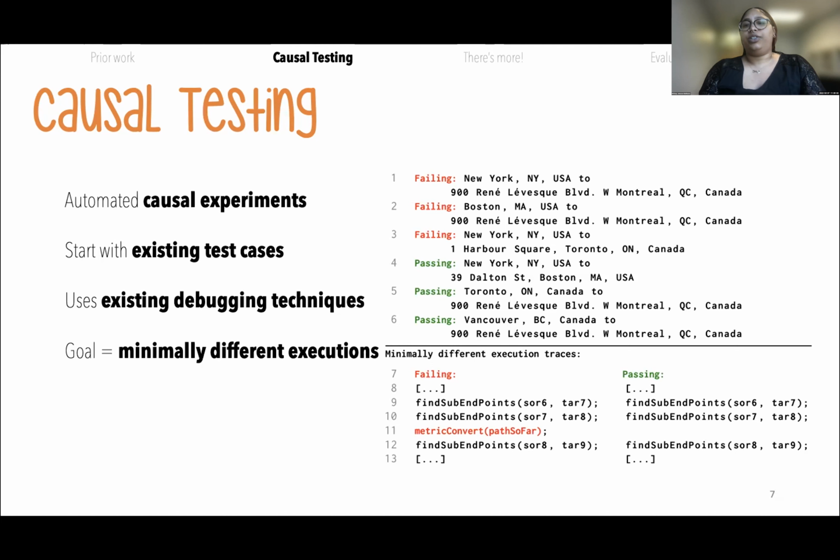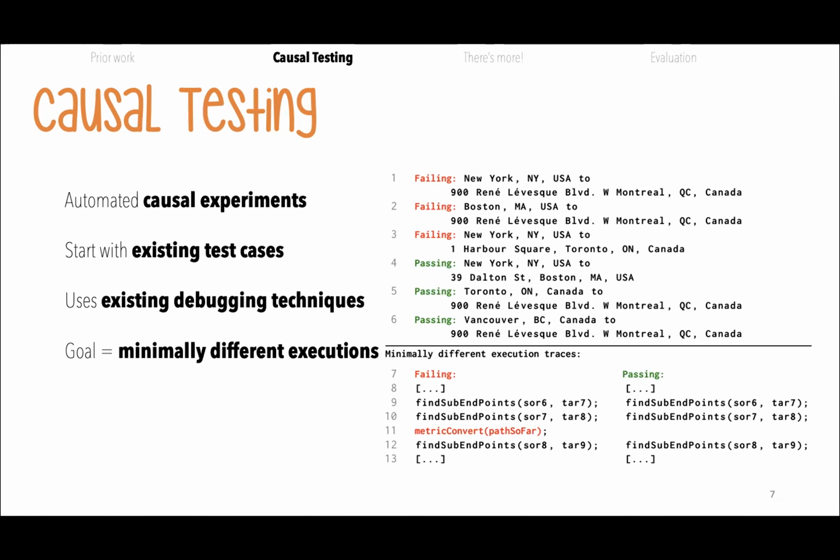So how does causal testing do that? How does that work? Let's dig a little deeper and talk about the process of using causal testing, right? So say you have a test suite and maybe you have some continuous integration set up or something like that where a test fails and you get notified of it. So say you have this notification or bug report that comes up: directions from this location to that location are wrong, right?